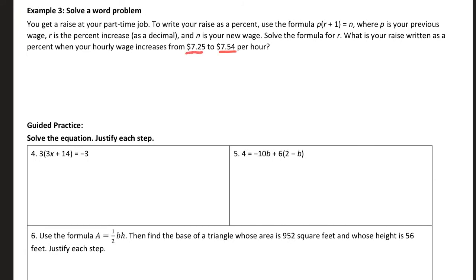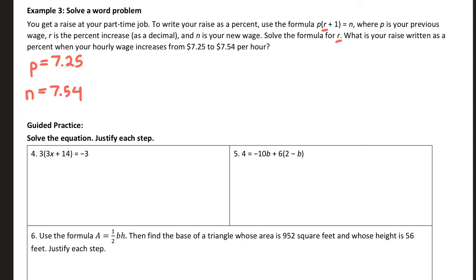So we are finding R. We are given P, we are given N. So from this, I can say my old wage P, my previous wage, is $7.25. My new wage is $7.54.